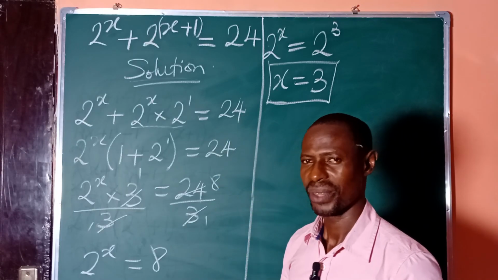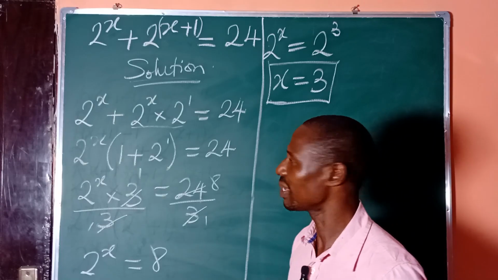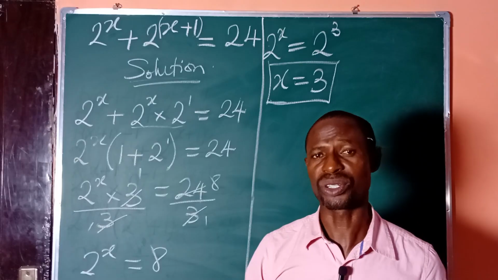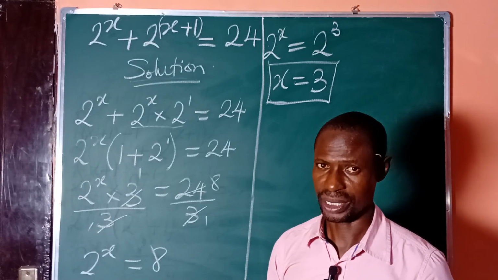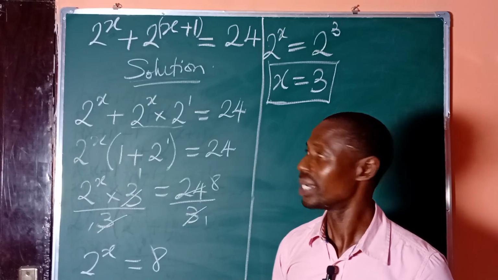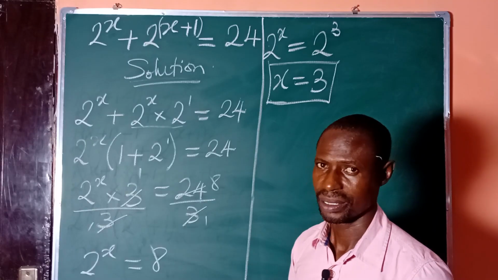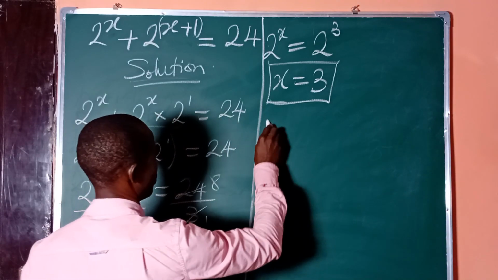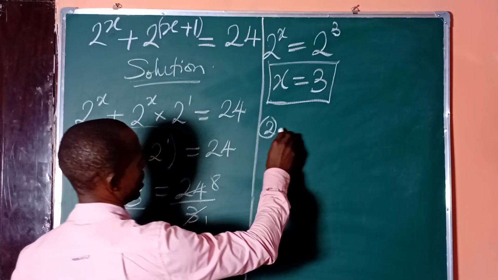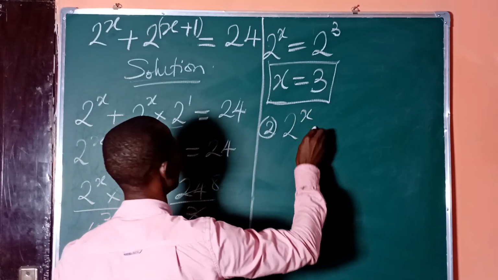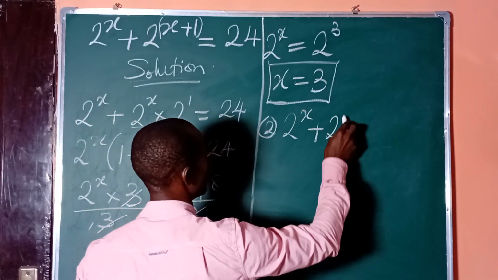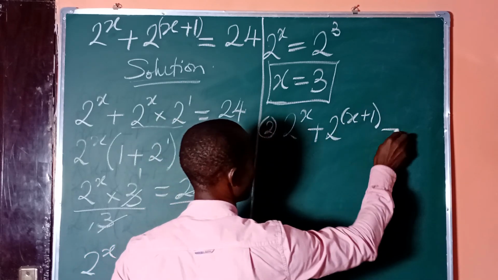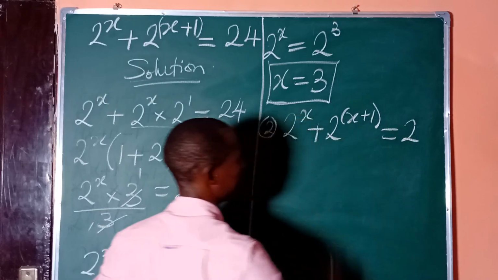Good. Now, what of a situation whereby you have a different number here? Let's solve another question that has to do with this format and see how we go about it. Let's take this as our question 2. Let's assume we have 2 to the x plus 2 to the (x plus 1) equal to just 2.